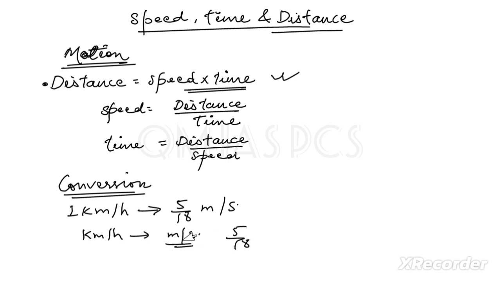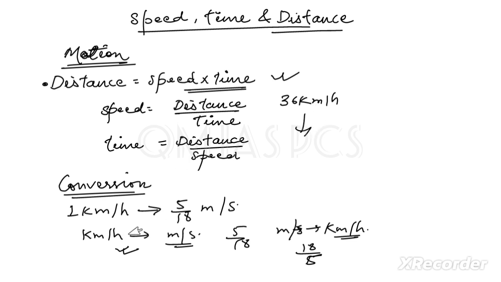Or if you have to convert meter per second to kilometer per hour, just multiply that value by 18 by 5. Got it? For example, let's say 36 kilometer per hour, and we have to convert it into meter per second. Just multiply that value by 5 by 18, so it will be 10 meter per second.